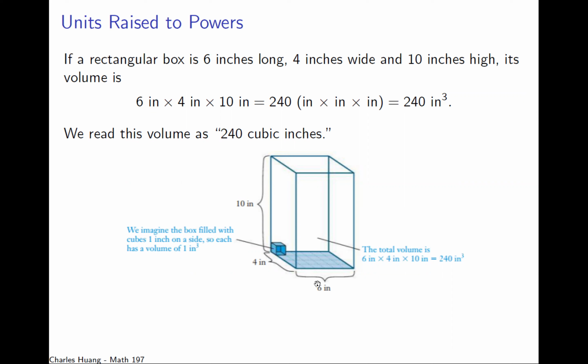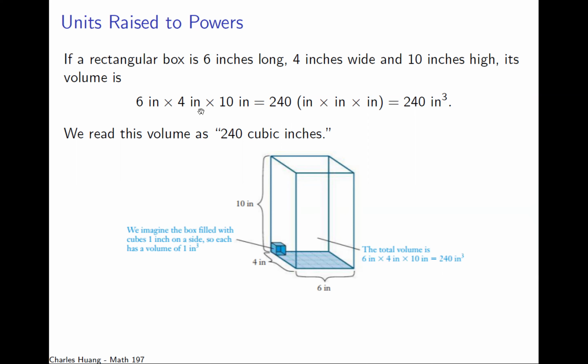Sometimes when we are multiplying numbers of the same units together, for example, if I'm measuring a box that is 6 inch by 4 inch by 10 inch, what you'll notice is that besides multiplying 6 by 4 by 10 and getting 240, we also have to multiply the units together.